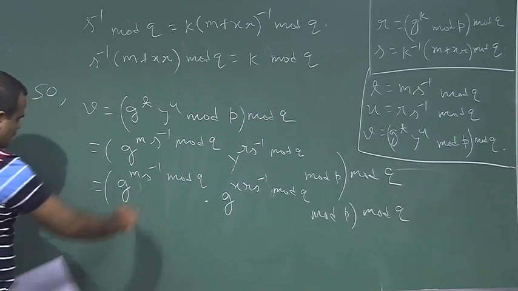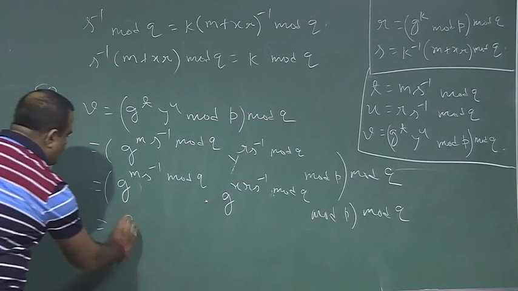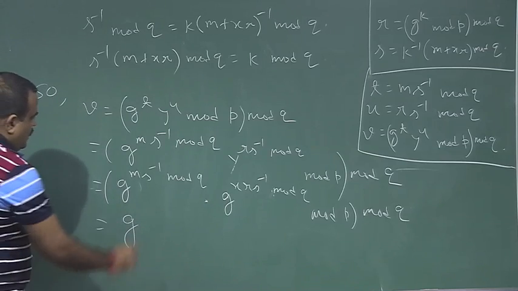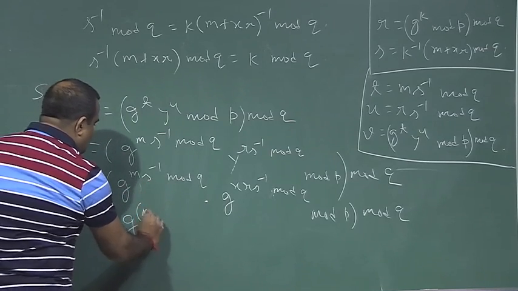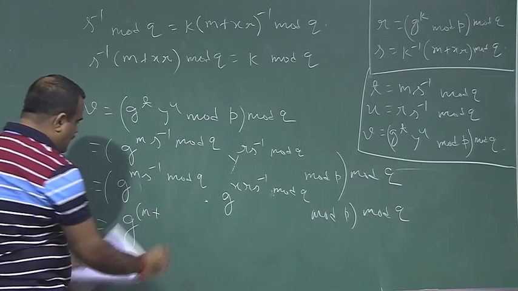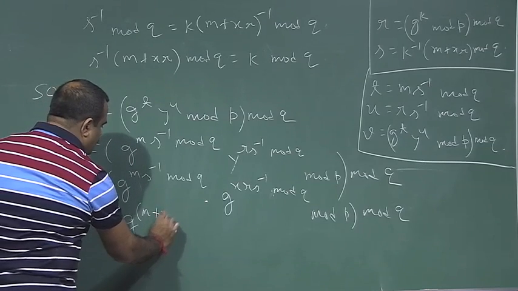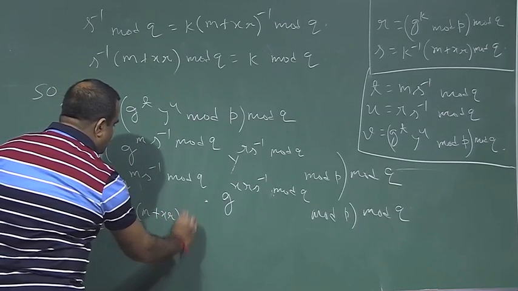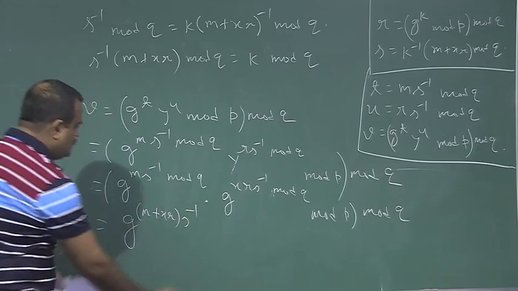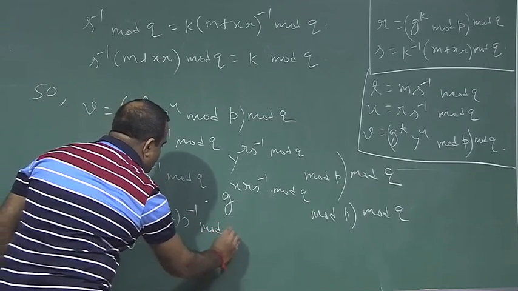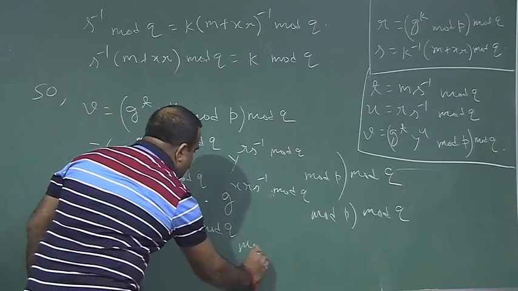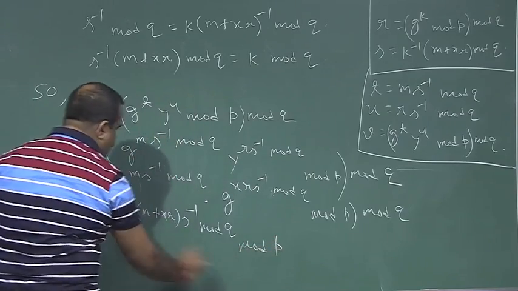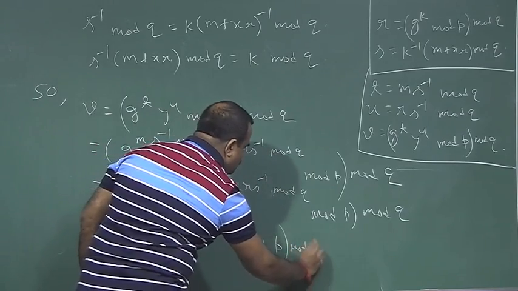So, this will basically give us g to the power m s inverse, we take common m plus x r, s inverse mod q, then mod p and whole mod q.